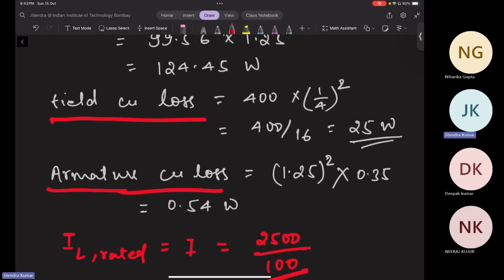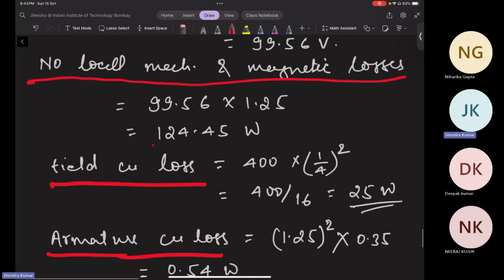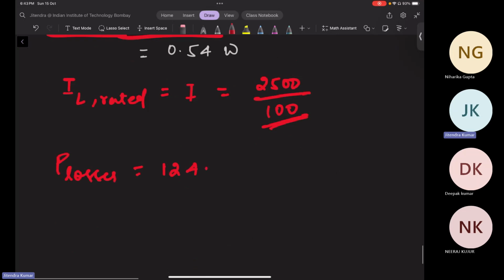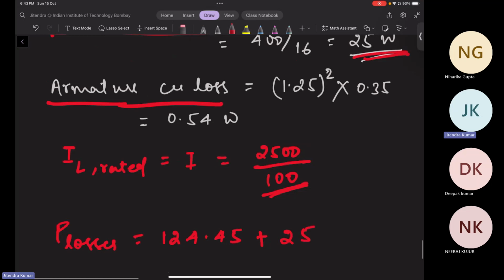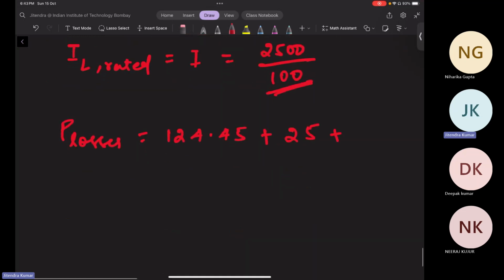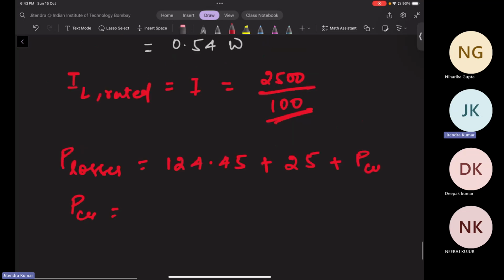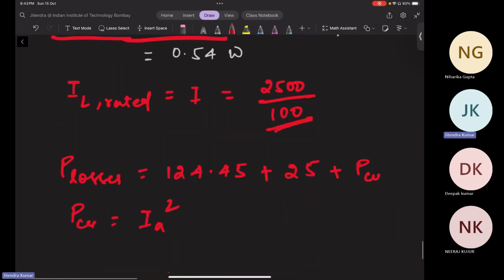So my total losses will be 124.45 plus 25 first, plus armature losses, which will be IA square into RA, RA is 0.35.